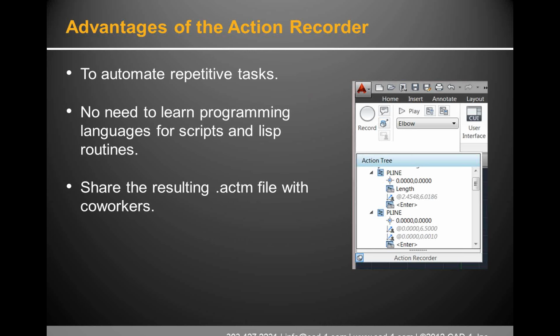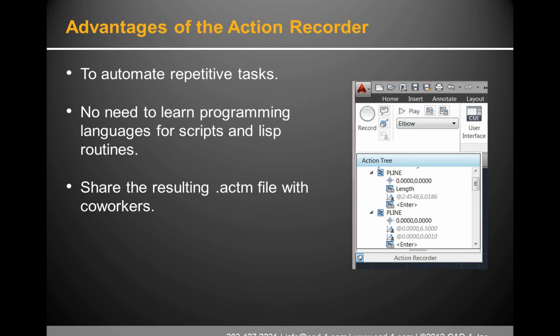So the point of the Action Recorder is really to automate repetitive tasks. Oftentimes we find ourselves in a situation where maybe we need to open a dozen or several dozen, 80 or 100 individual drawings and walk through them and basically repeat the same steps, 1, 2 through 12, over and over and over. The thing is, sometimes they're not the exact same results.